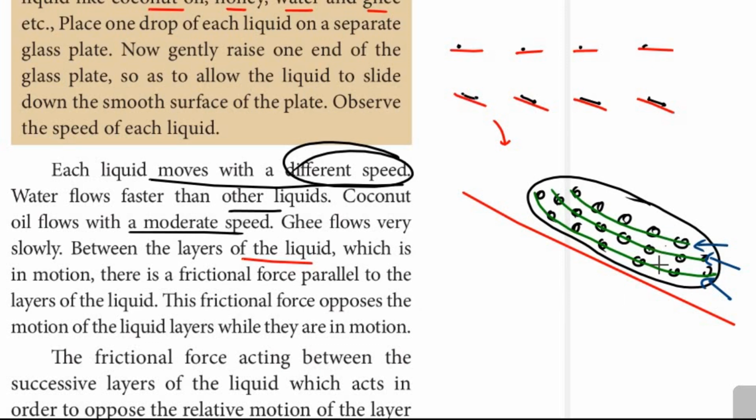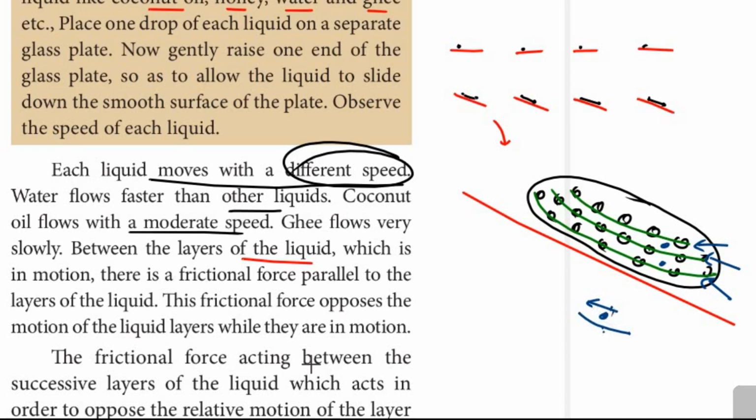There is a frictional force in between, and this frictional force effectively opposes the motion of the liquid layers while they are in motion. So if this lower layer is moving in this direction, then the layer just above it will try to resist this motion because of the frictional force between these two layers.